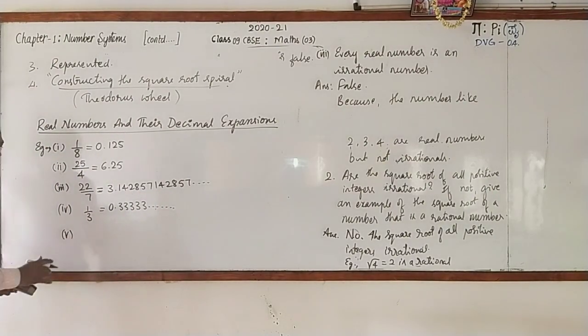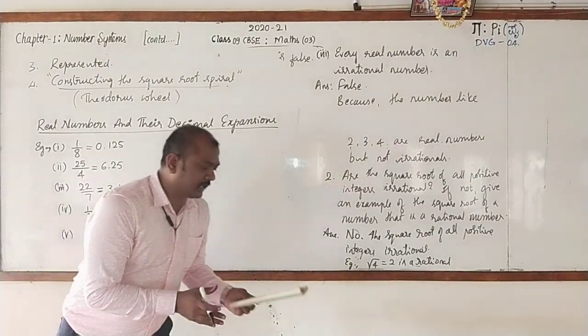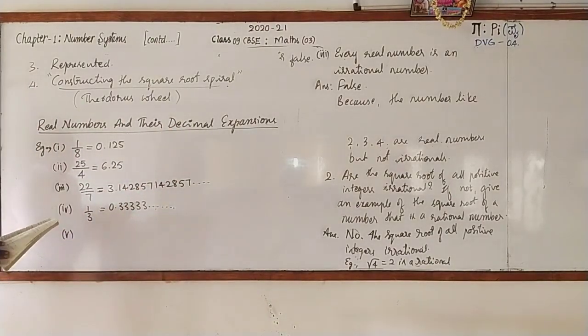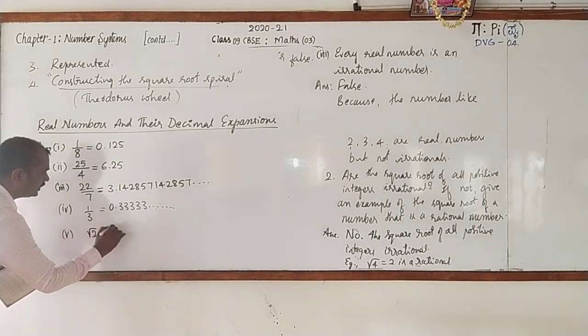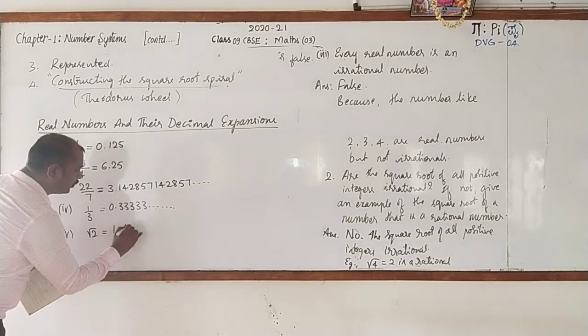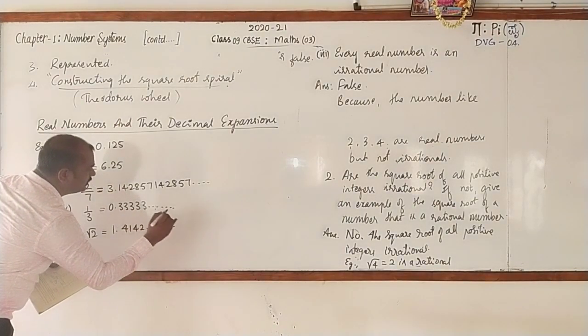Let me take one more example that has been given in the textbook. Here they have given the value of root 2. Root 2 is 1.4142 and so on.